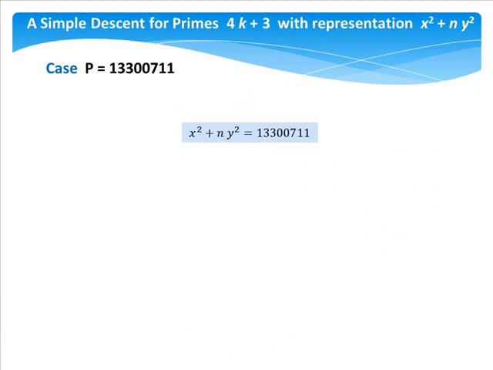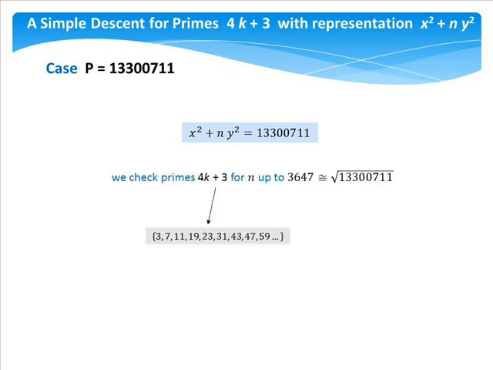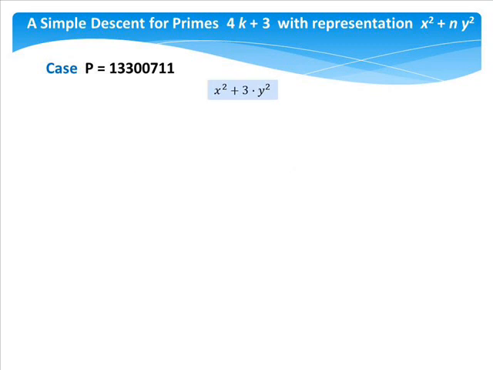So let's see an example with a relatively big prime number, 13,300,711. We check primes 4k plus 3 for n, up to 3,647. That is, at most the square root of 13,300,711. We first tried with 3 for n.